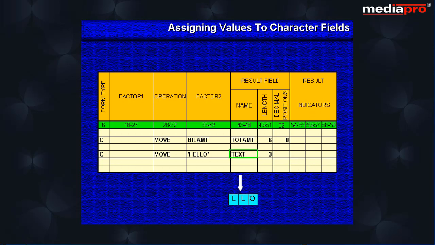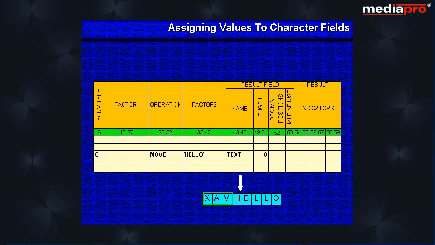If the result field is smaller than the string in factor 2, the excess characters to the left will be truncated. If the result field is larger than factor 2, then the excess characters in the result field will remain in the unused positions.